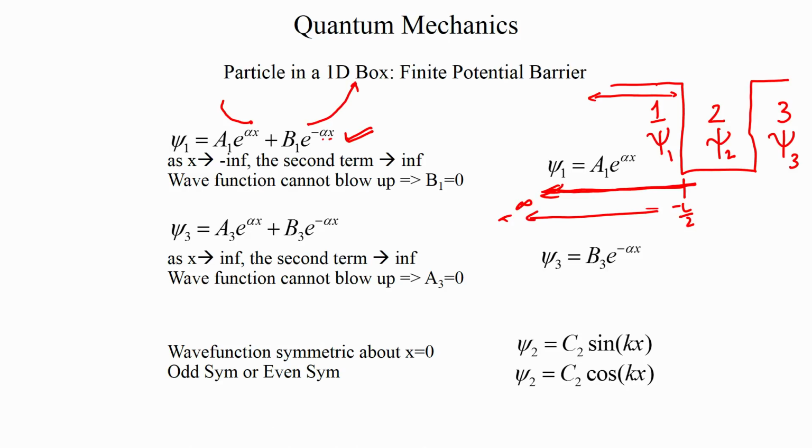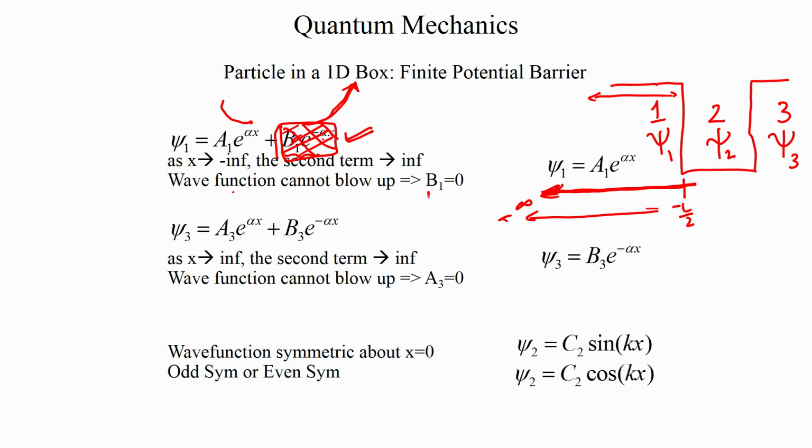Now, we already mentioned that you can't have any of these components blowing up, which means you can't have them head towards infinity. And since this term is doing exactly that in region 1, as I move towards minus infinity, this term can't exist. You can't allow this. This might be a general solution, but this term violates the very basic principle that you can't have the wave function blow up.